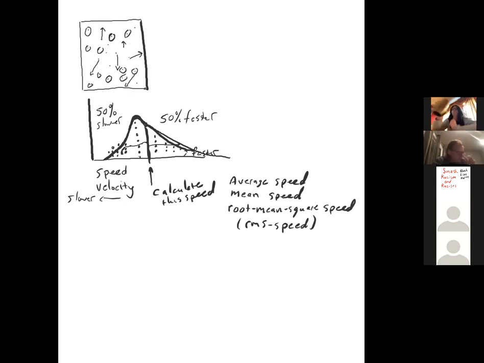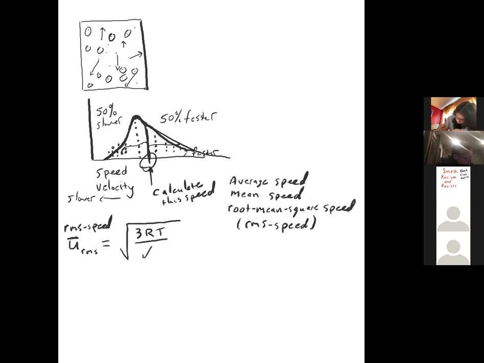And so I'm going to give you the equation for this. This is called the RMS speed, and it would correspond to this value here. I'm going to put a u_rms with a line over it just to give you the notation. It's equal to the square root of 3 times R times T over the molar mass.